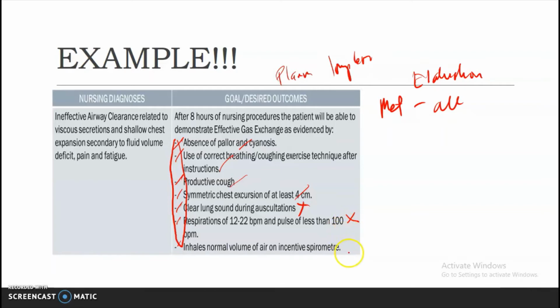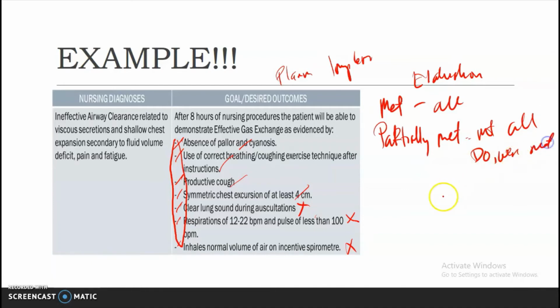Incentive spirometry is hindi pa ganun kataas ang normal volume na nai-inspire niya. Therefore, hindi lahat na-achieve. So, itatag mo siya as partially met. Not all desired outcomes were met.